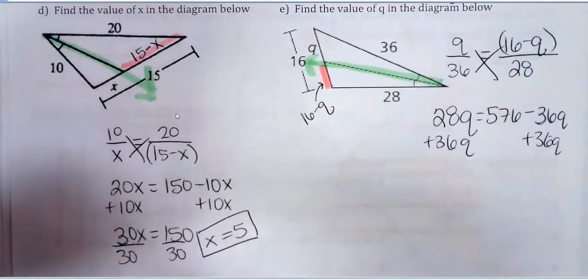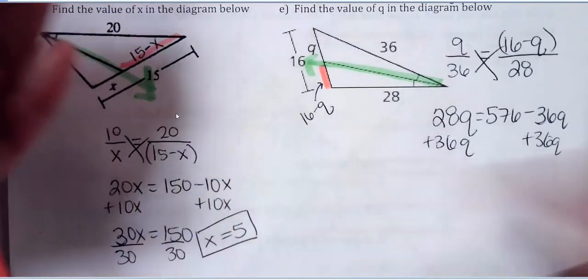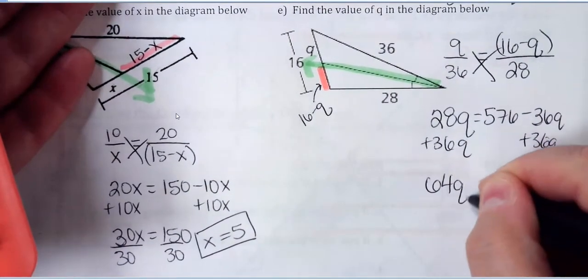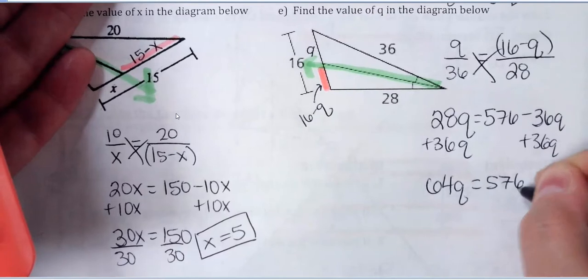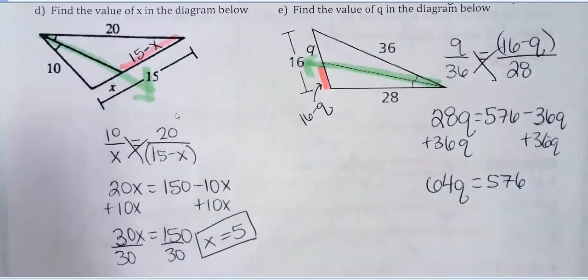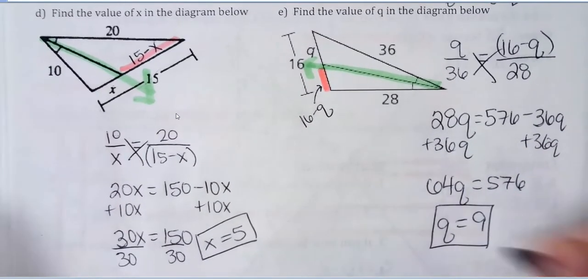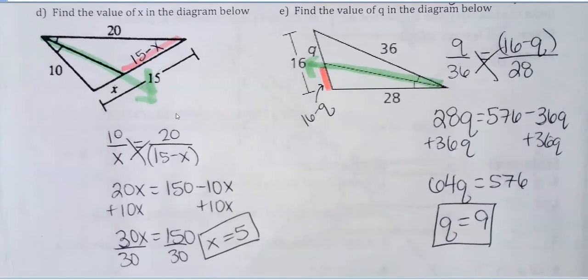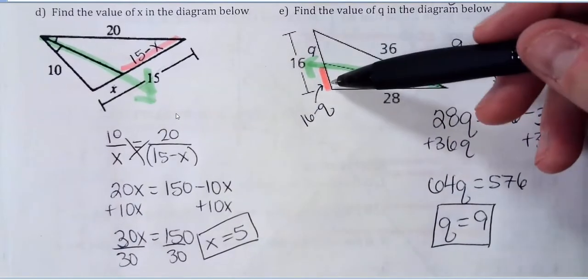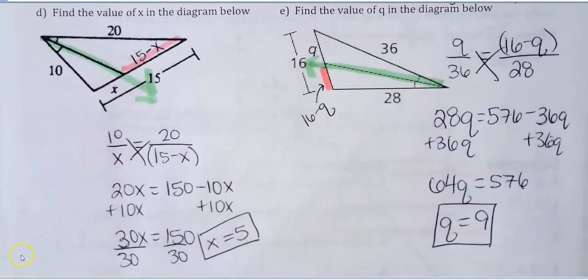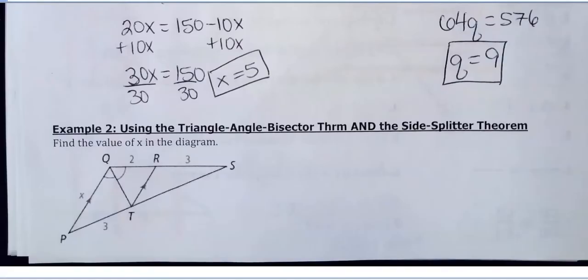So take 28, add 36. So we're going to get 64q, equals 576. And then I'm going to take 576 divided by 64. Q is going to end up being 9. Not bad, but you don't have an alternative. You have to get an expression for that little piece to set up your proportion.